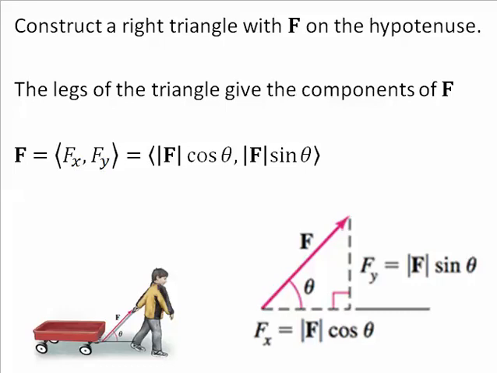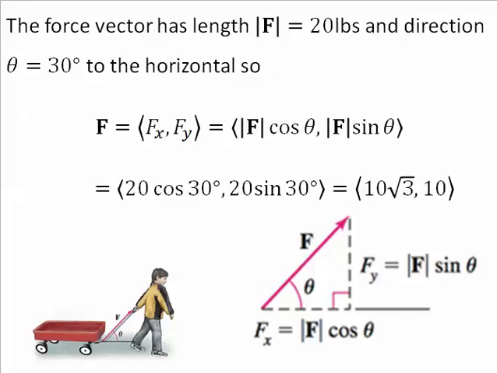The vertical component is just the magnitude of F times the sine of the angle. Since the angle is 30 degrees, cosine of 30 is radical 3 over 2, and sine of 30 is 1/2. And the force vector becomes relatively easy to find.